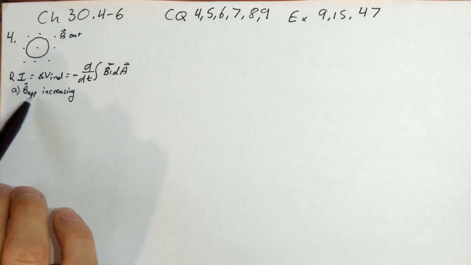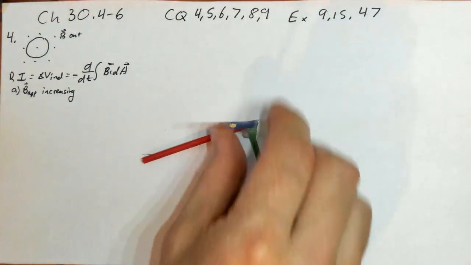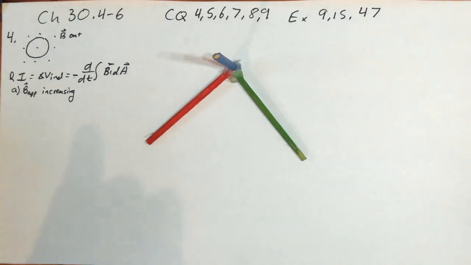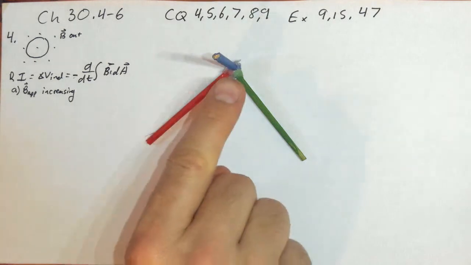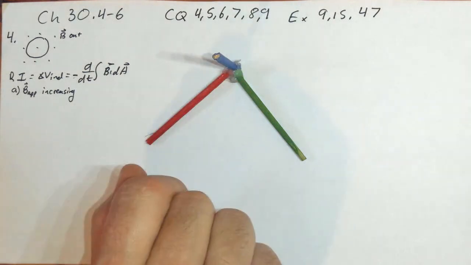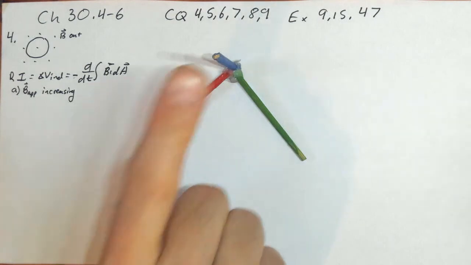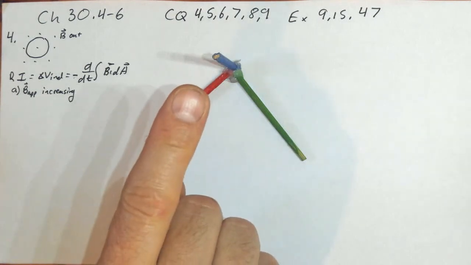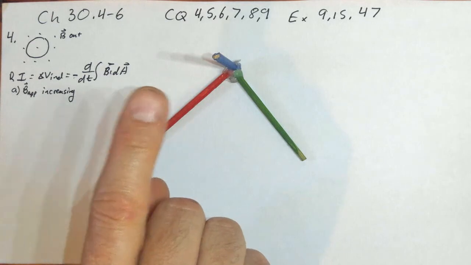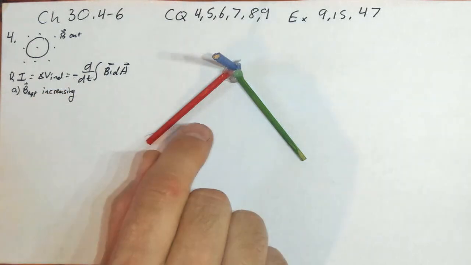So B applied is pointing out. Okay, I can just have this arrow to help. So that's our blue there. B is pointing out, okay, and it's getting bigger, which means the change of the B field is also pointing out. Okay. Since the change is pointing out, that means that the induced B field will point in.